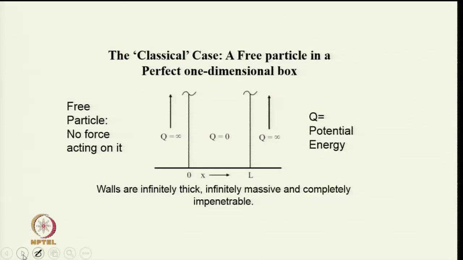A one dimensional box is basically a space confined by two walls. The walls are infinitely thick, infinitely massive, and completely impenetrable. If you have this kind of system, then you are dealing with a perfect one dimensional box.